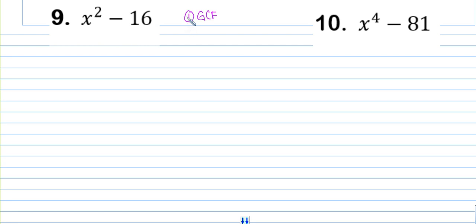The next thing you should notice is that you have a binomial. That means that there are two terms. Anytime there's two terms, you need to look for a situation where you are subtracting perfect squares.